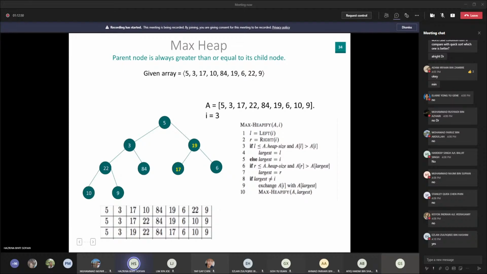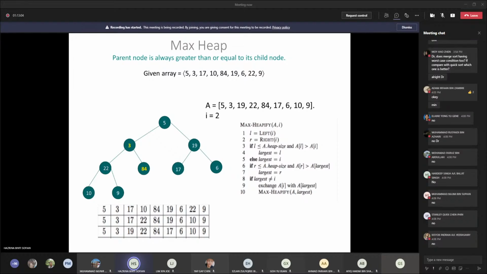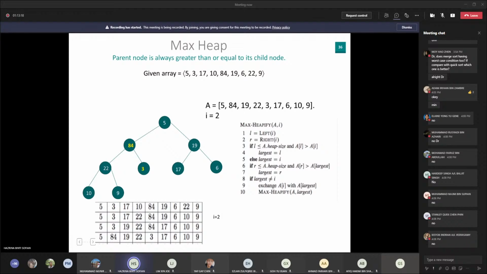Then it will check, because I is 3, then 3 divided by 2 is 1.5. So this is array 1, this is array 2. So we check: is 84 bigger than 3? Yes, then we swap it.